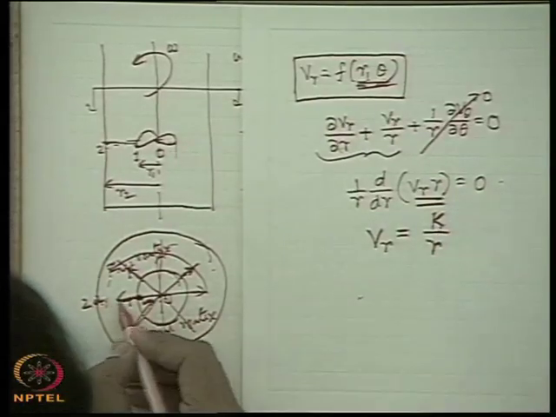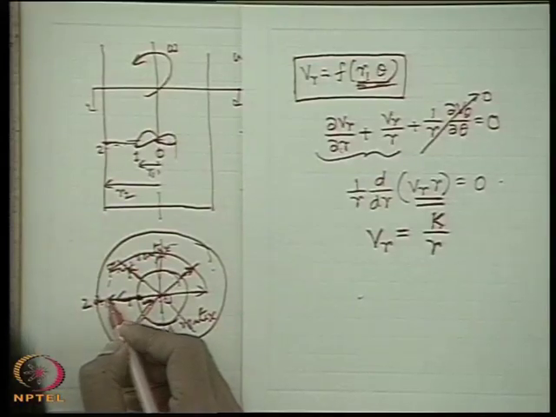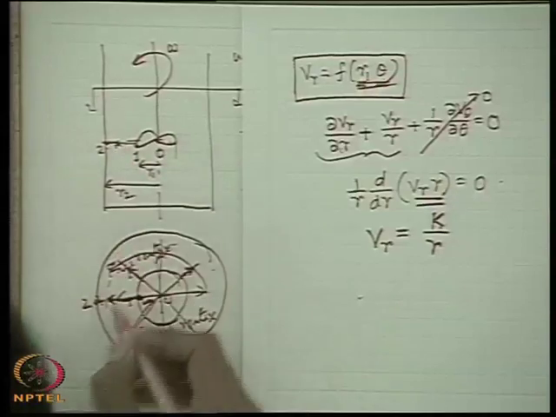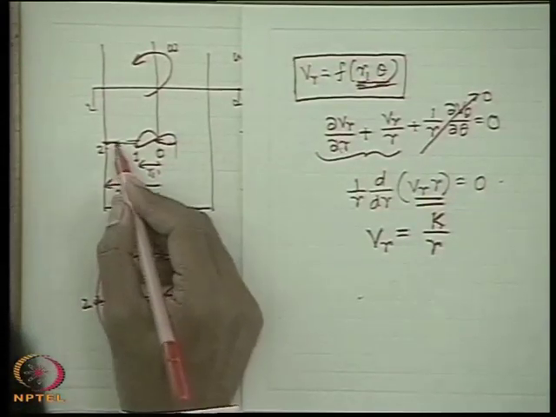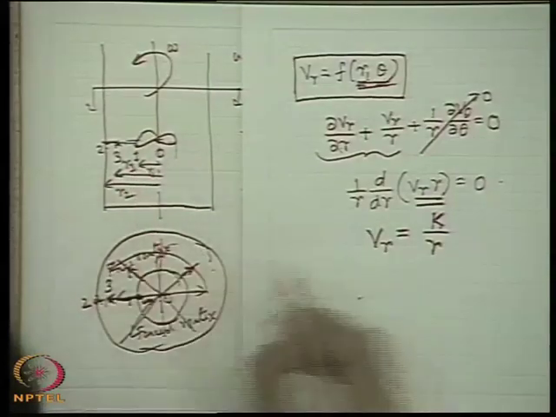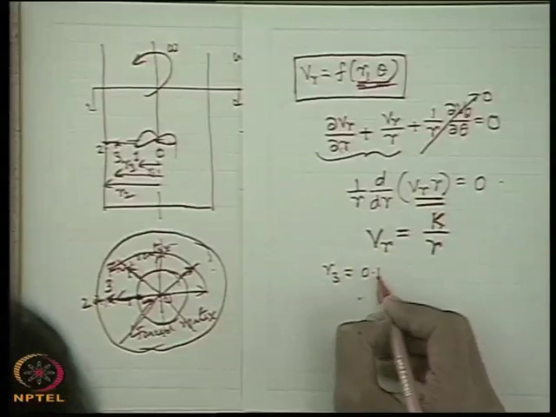Rather, we can straight away find out the radial velocity at a point here, which is 100 millimeter in diameter. Let this be the point in question, point 3, and this R3 is equal to 100 millimeter, that means 0.1 meter.